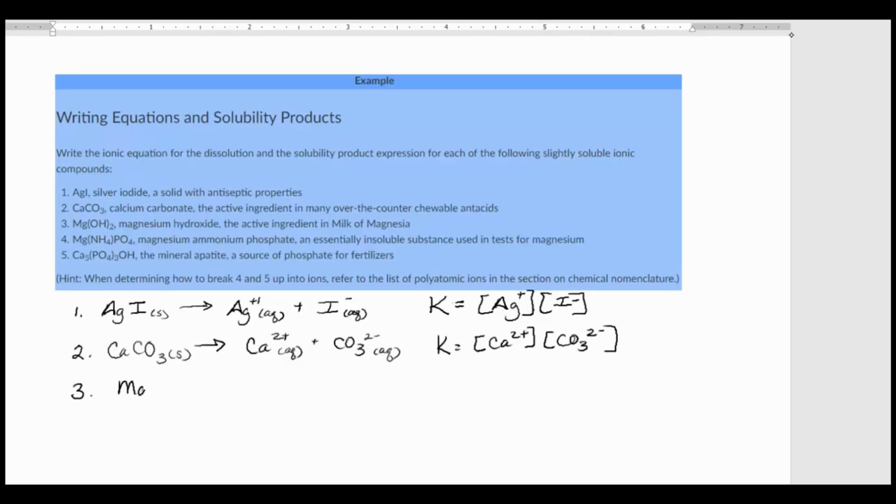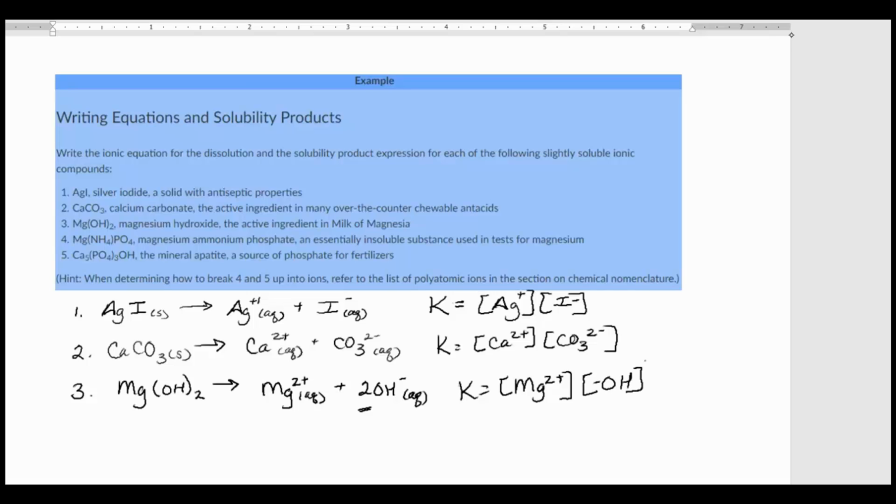Number 3, we have magnesium hydroxide. Now this time, we have our magnesium, and magnesium is a +2, and we have 2 hydroxides. Remember what we do with that stoichiometric coefficient. So the K value will be dependent on the concentration of the magnesium times the concentration of hydroxide squared.